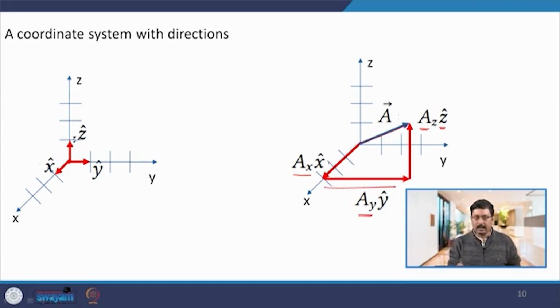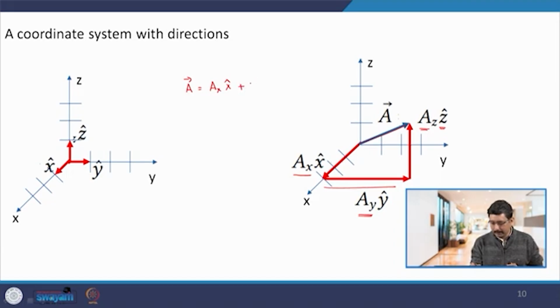If we have these three pieces and apply the vector law of addition, then we get back our vector A. So this A is written as the vector sum of three pieces.